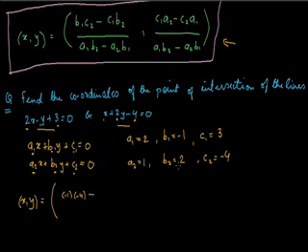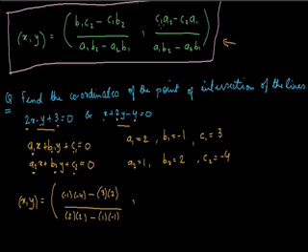C1 we have as 3 and b2 we have as 2, upon a1 b2 minus a2 b1. So a1 b2 is 2 into 2, minus a2 b1. A2 is 1 and b1 is -1.